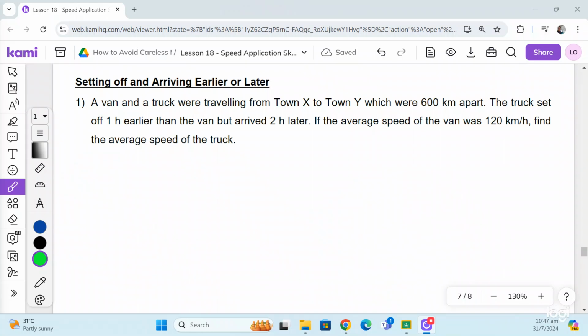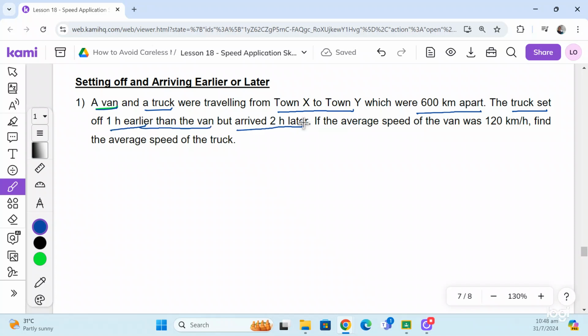Let's look at the question, and you may get confused right now because you might not have seen the question before. A van and a truck were traveling from town X to town Y, which were 600 kilometers apart. The truck set off 1 hour earlier than the van, but arrived 2 hours later.